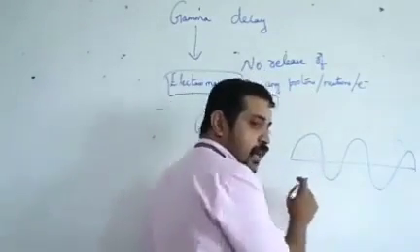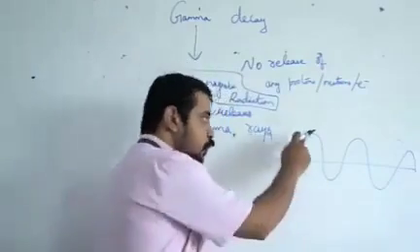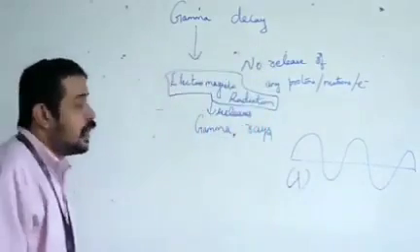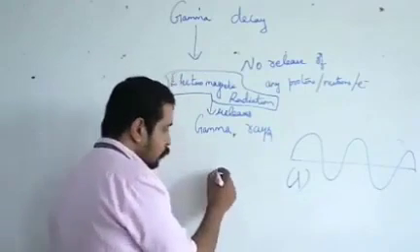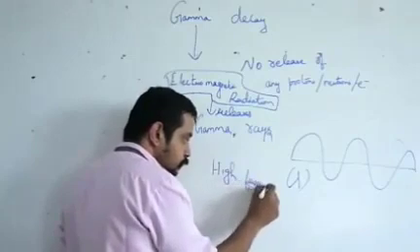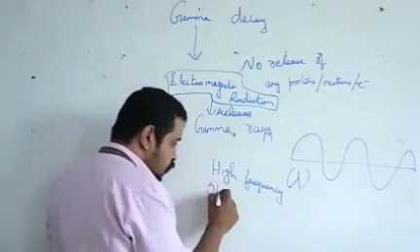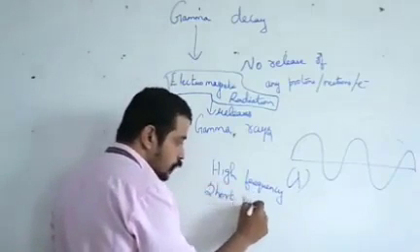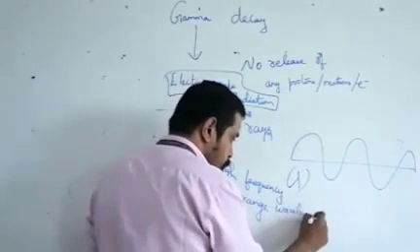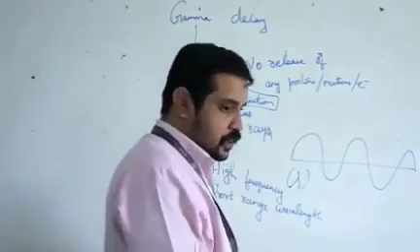This is your wavelength, which is represented by the symbol lambda, wherein you have crest and trough like this, and gamma rays have very high frequency and a very short wavelength.